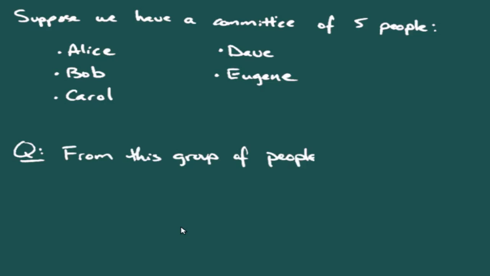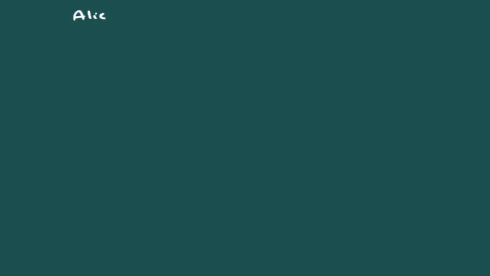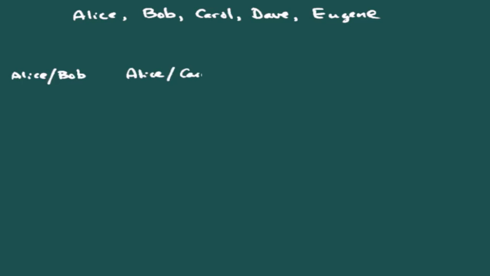Now, one way to do that is to take all of the people in our committee, Alice, Bob, Carol, Dave, and Eugene, and to be systematic and just write out all of those possibilities. Going through each one, if we pick Alice as president, then we could have Bob as secretary, Carol as secretary, Dave as secretary, or Eugene as secretary.